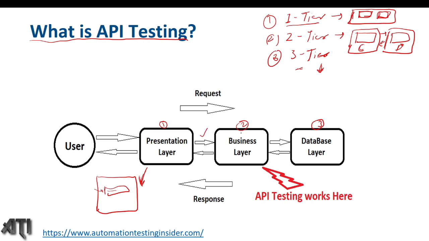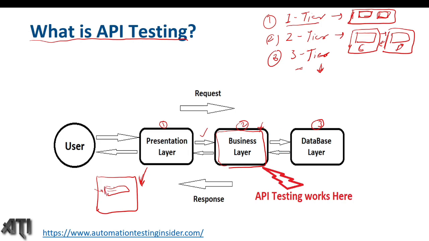And we are requesting, and the information goes to the business layer, and through the business layer we get the data from the database. So what happens at the business layer stage? The complex business scenarios are written in this business layer. Based on our information, it calculates or manipulates the data, and then requests the database to provide the data.